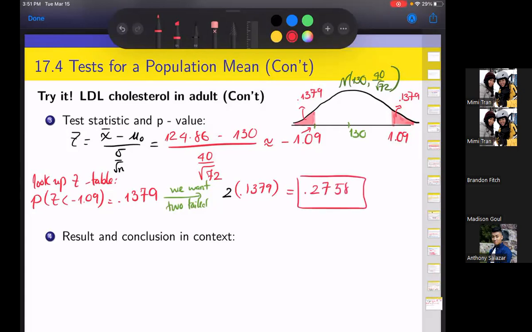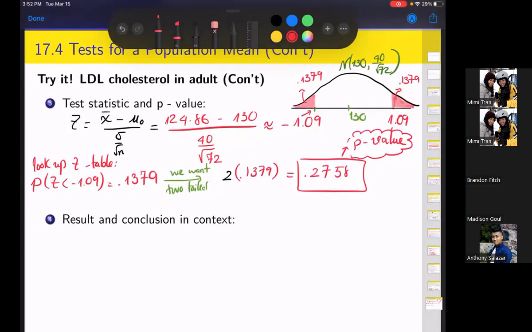Now you're done. That's your p-value. So now we have the p-value, the result. So now the decision.